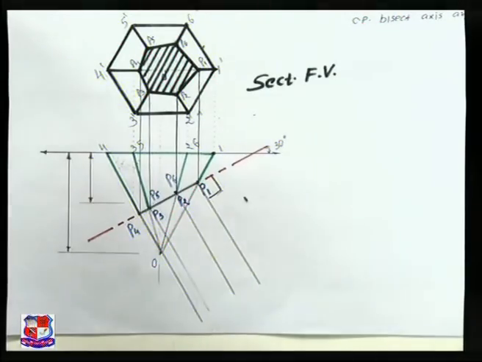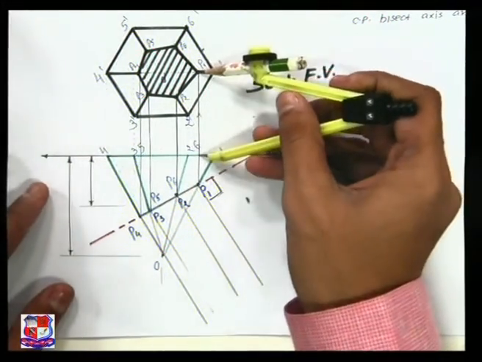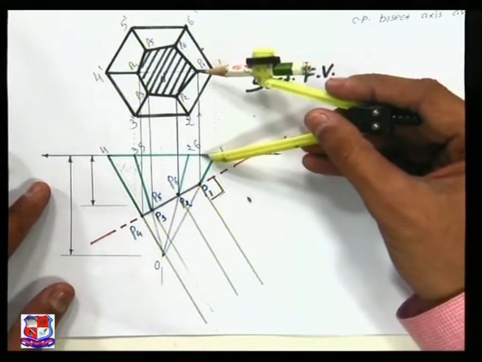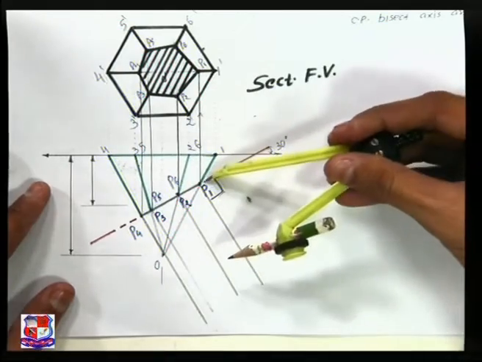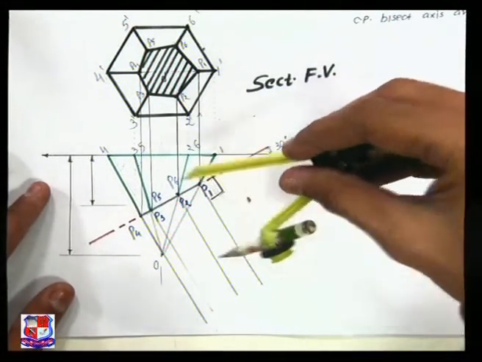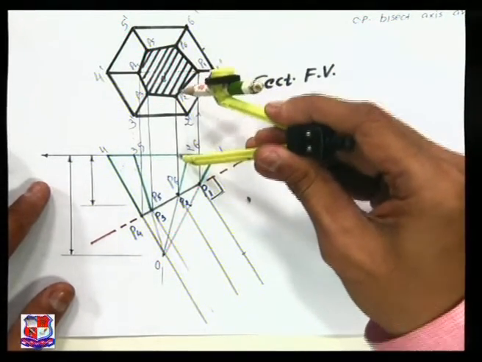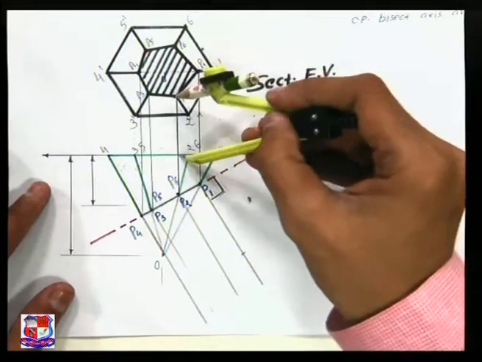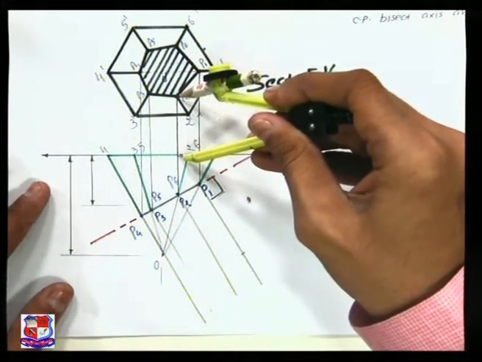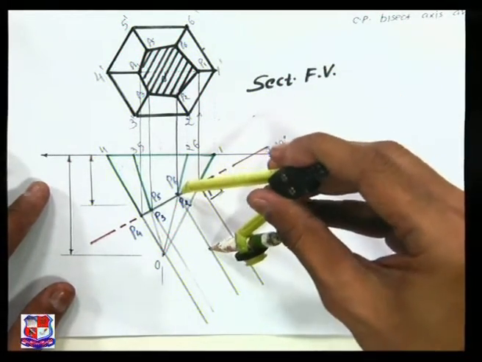Now measure the distance of all these points from the XY line to P1, measure this distance, XY line to P1, right? From P1 draw an arc on this line, so here point P1 would be there. Then XY line to P2, this one, so P2 somewhere here.